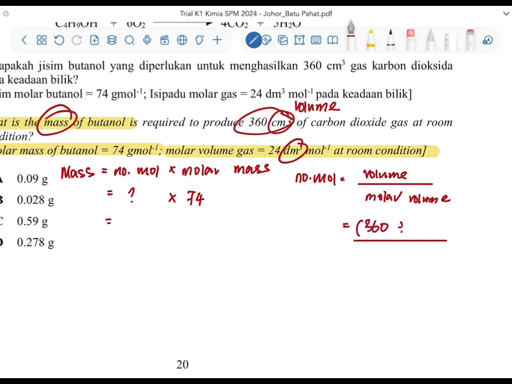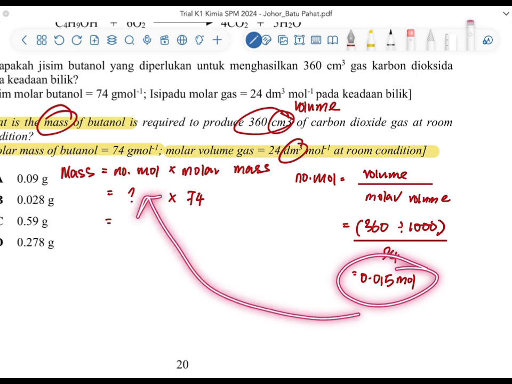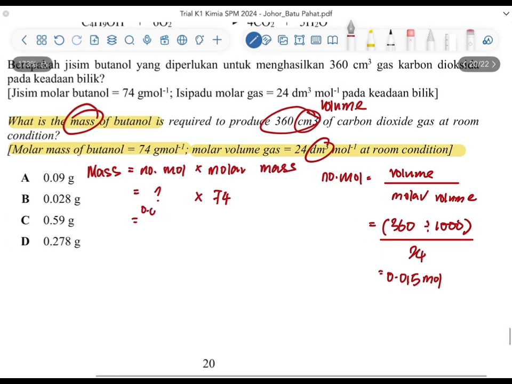So we need to divide it by 1000, as I mentioned in the previous question before. So let's calculate it. So the number of mole is 0.015 mole. So we can put this number into the number of mole over here, and then we calculate it.